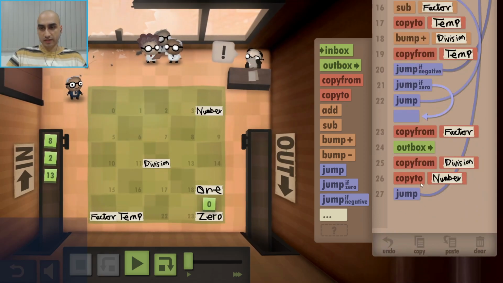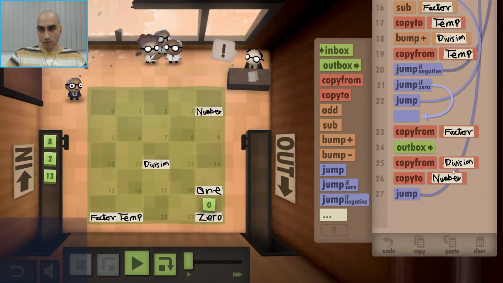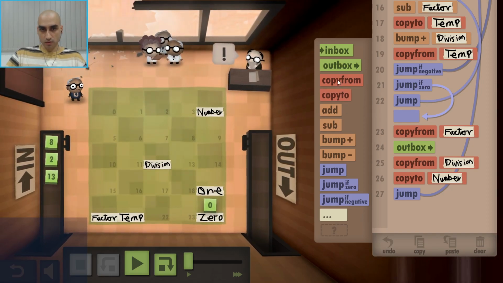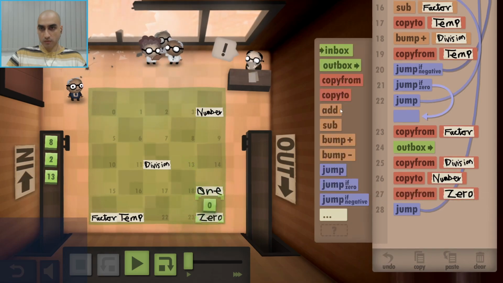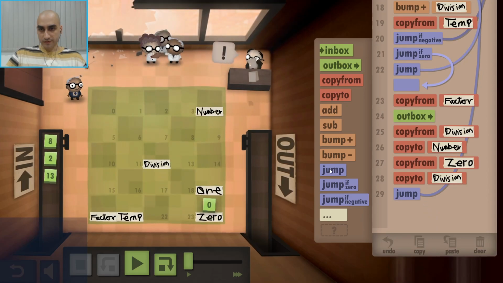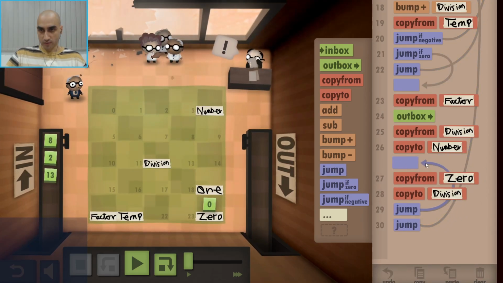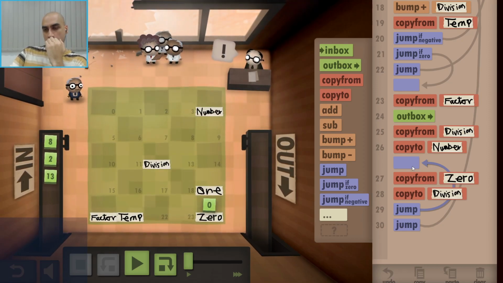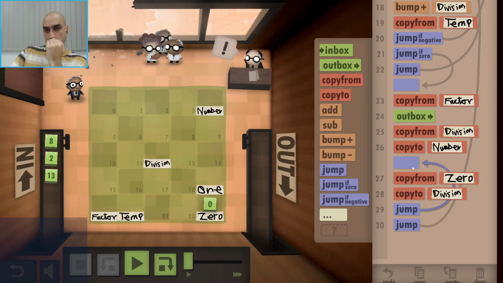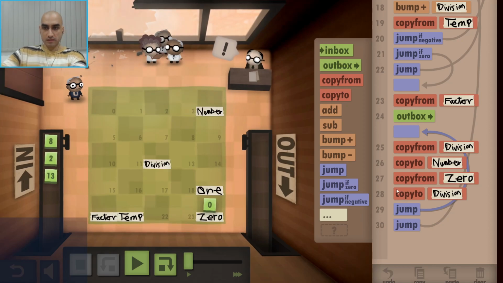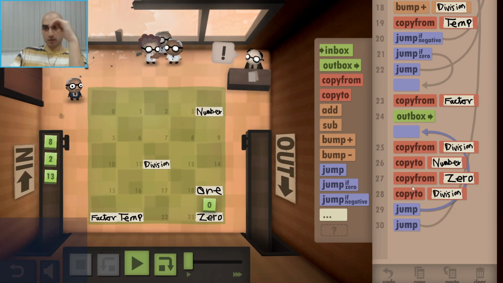Okay, that's not actually that complicated. Okay, so we now reset division. So we copy from 0, copy to division. So this is a loop here, so just make sure we remember that. Or this whole thing was being repeated.